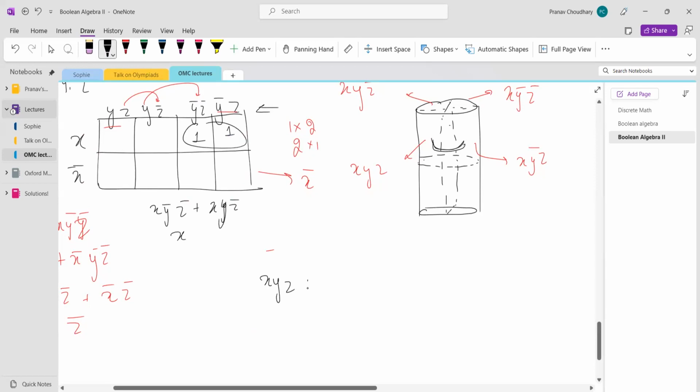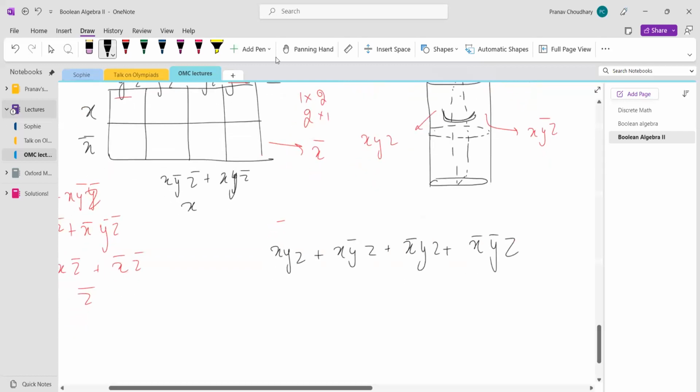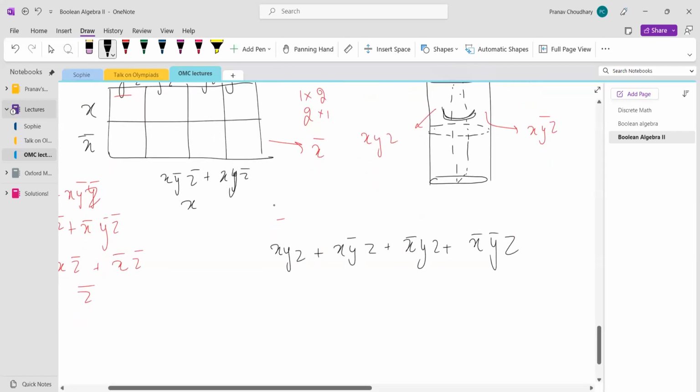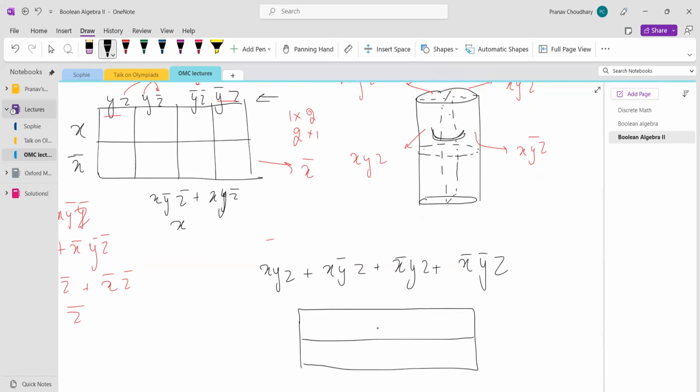Let's see. XYZ plus XY conjugate Z plus X conjugate YZ plus X conjugate Y conjugate Z. Write this in the minimized form. Do not speak out. Try it for 2 minutes and type your answer in the chat. Yeah, Shrish, that's correct.